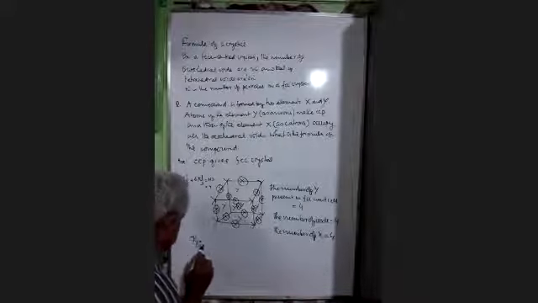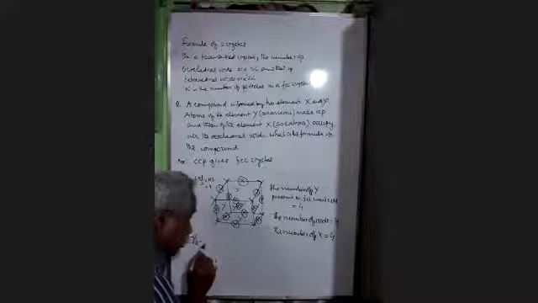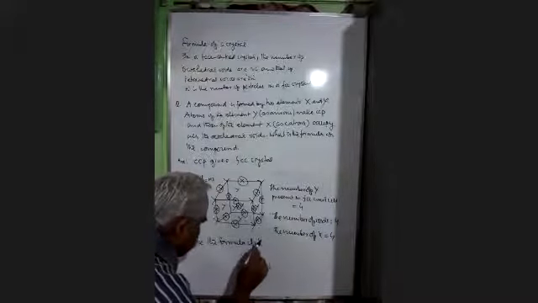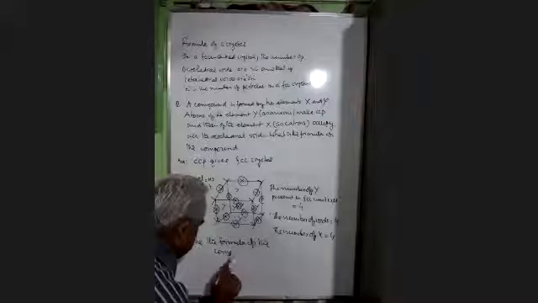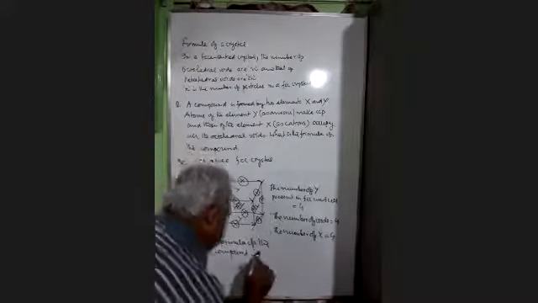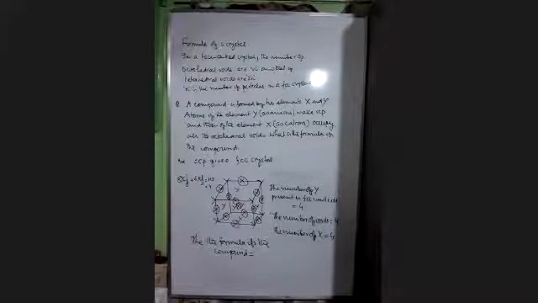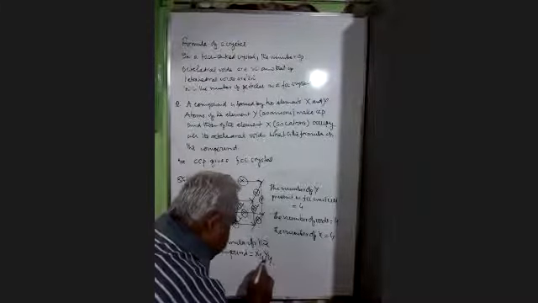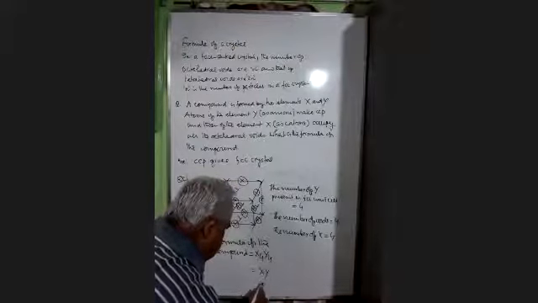Therefore, the formula of the compound is equal to what? Please remember how to write the formula. Whenever you write the formula of a salt, first you write the cation followed by the anion. Which is the cation? X. Which is the anion? Y. Right now here, X4 Y4. See here, the base is same. What is the formula? XY.